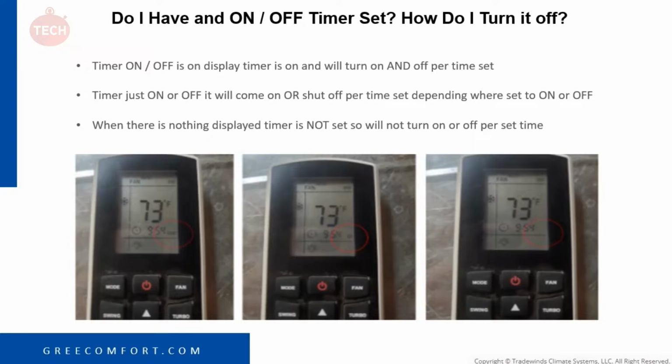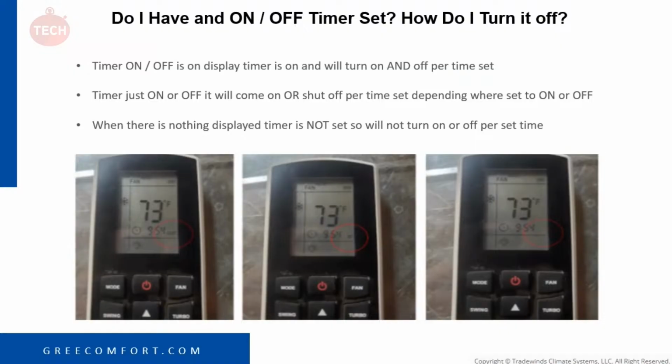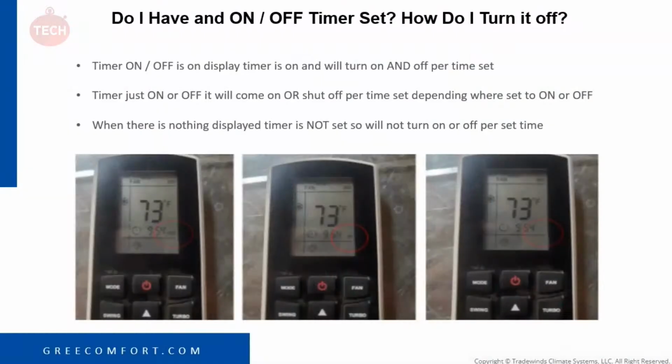When I first started working on Gree, I made this mistake myself, because to the right of the time and the clock in the middle picture here, it says off. I thought that meant the timer was off. What that actually means is there's an off timer set. If it says on, that means there's an on timer.